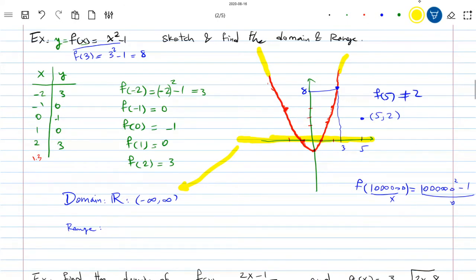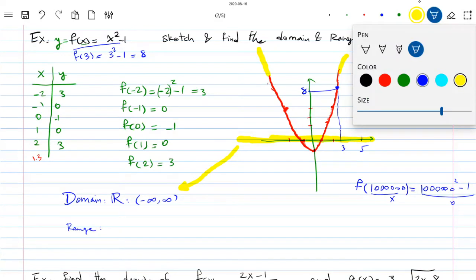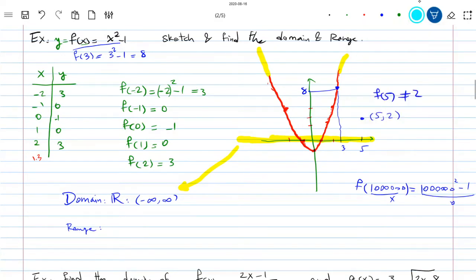How about the y? If you project it on the y-axis, which area would you cover? If you project the graph on the y-axis, what you cover is only this section and above, because the curve is continuously going. So by doing the projection, we can say, okay, the range only stays from here all the way above. So this is -1, I can say from -1 to positive infinity.